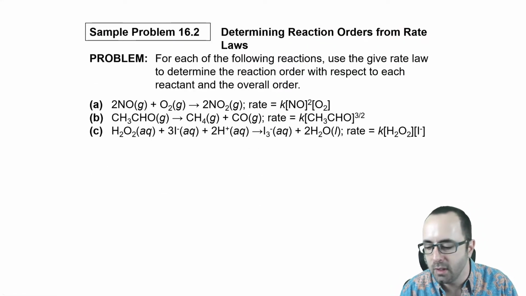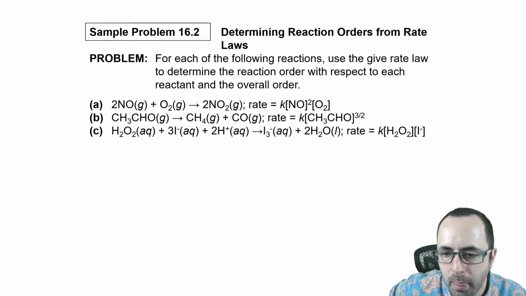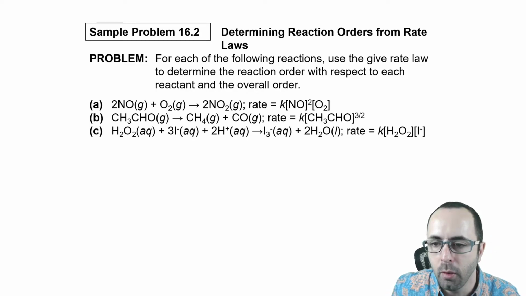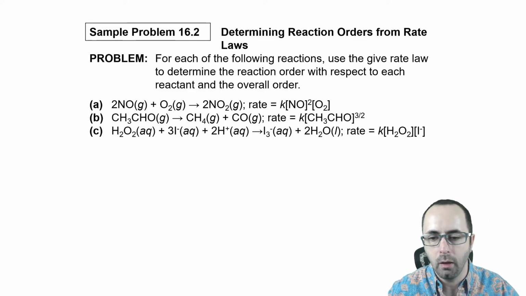So for each of these reactions here, we've shown the balanced equation and the rate law, and you're asked to determine the order with respect to each reactant and the overall order based on the rate law, which is given.